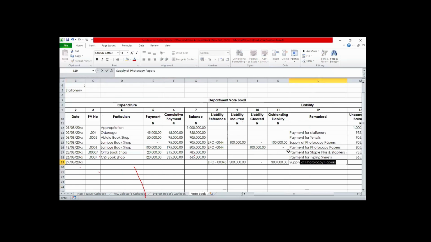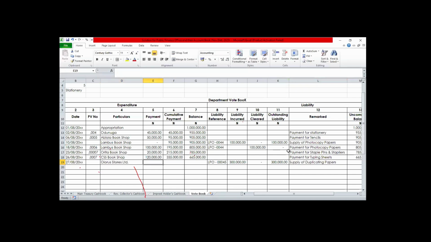Duplicating papers to Oloru Stores Supply Limited. By who? So Oloru Stores Limited.